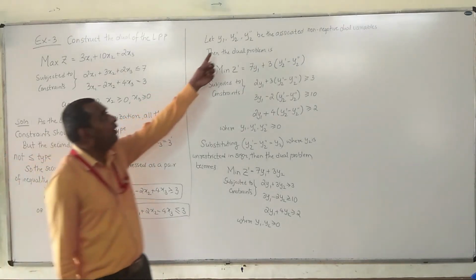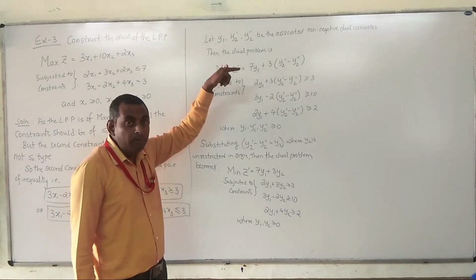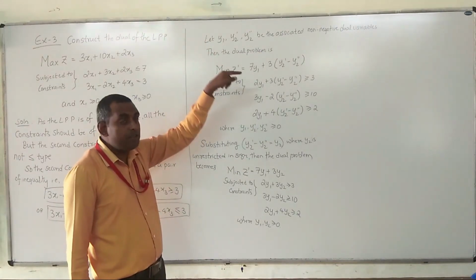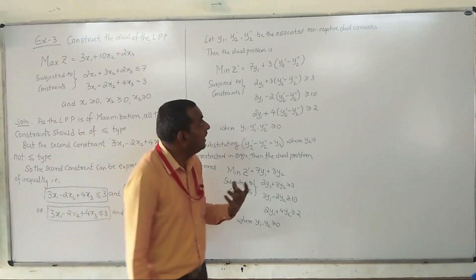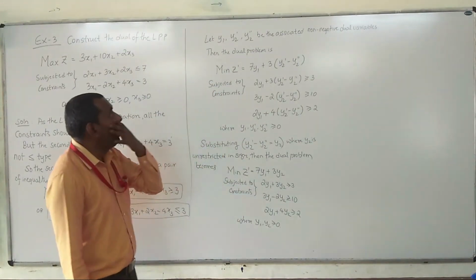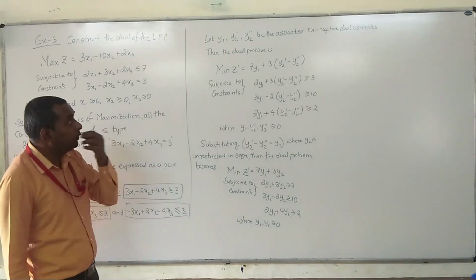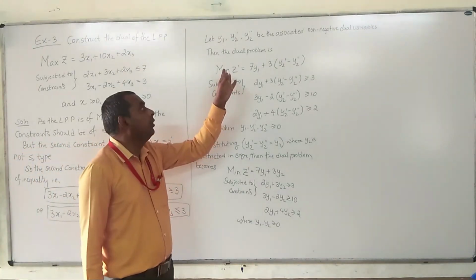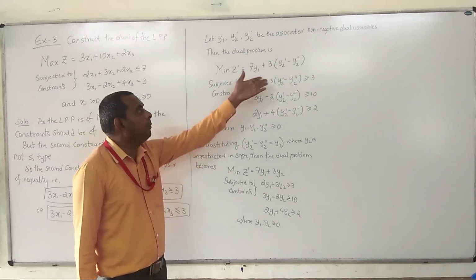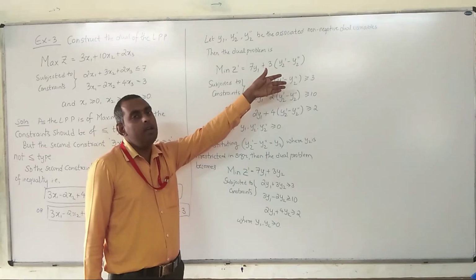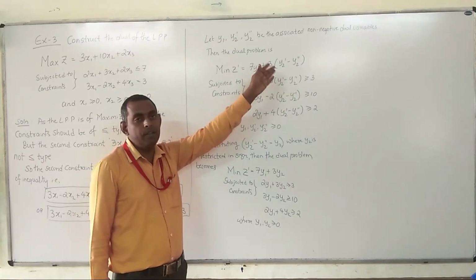So I take y1, y2 dash, y2 double dash as the associated non-negative dual variables. Then the dual problem becomes min z dash, which is 7y1 plus 3 times y2 dash minus y2 double dash.